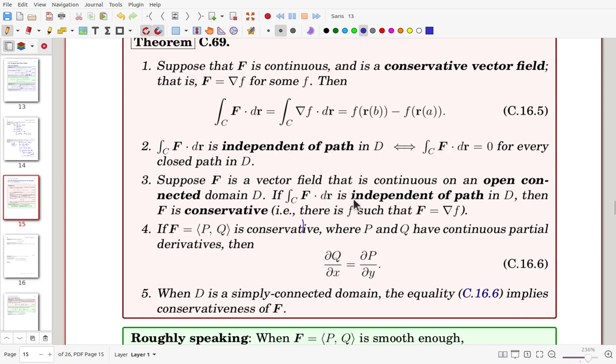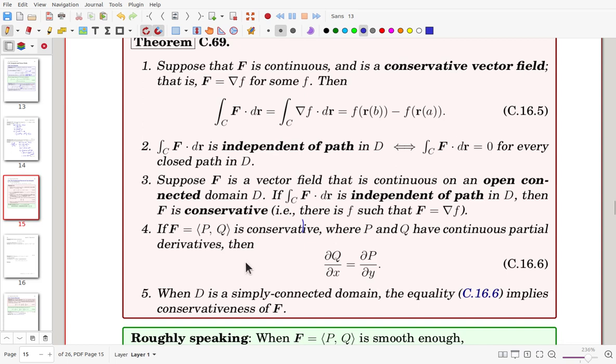Now, this one is saying that along with some condition, once it is independent of path, then it is conservative. So basically, if you choose an open connected domain and the vector field is defined on the open connected domain, then conservativeness and independence of path are the same.